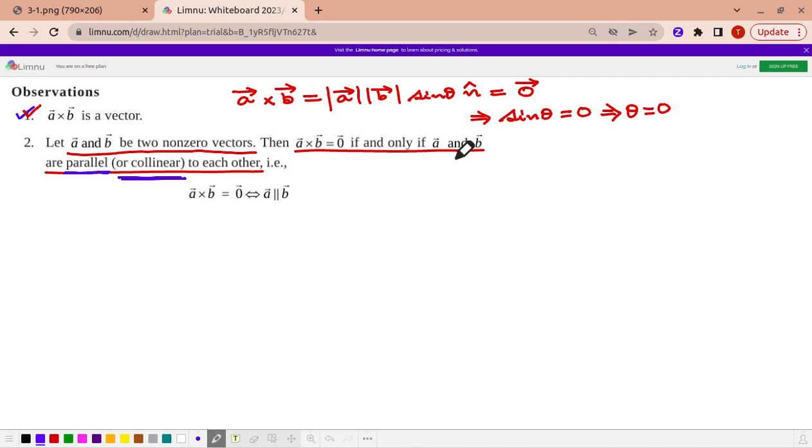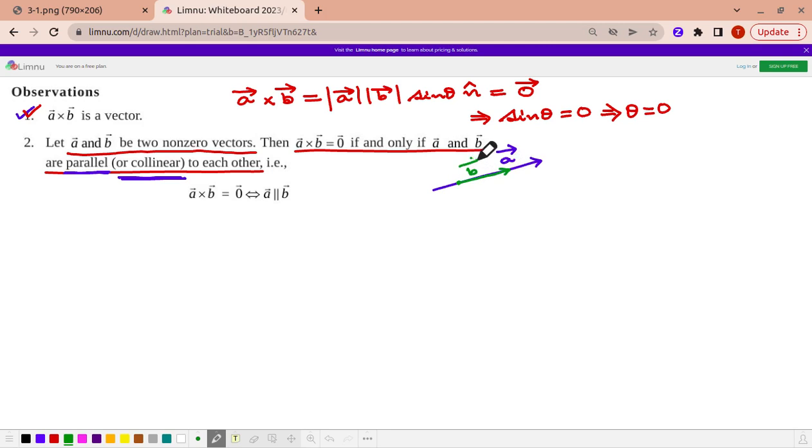Okay. For example, suppose this is the vector A, what I have marked in the blue color. Now, suppose I have another vector B, that is the initial point and that is the terminal point, what I have marked in the green color.